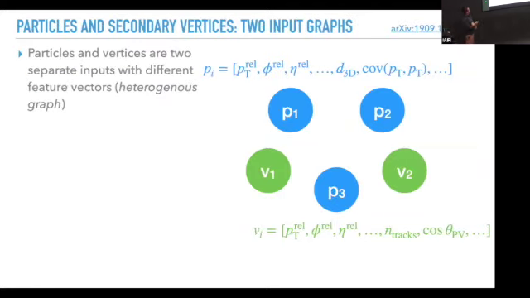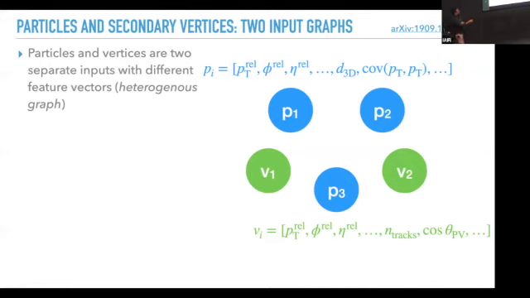Okay, so we can then actually think about creating not just one graph, but actually because we have 2 sort of input collections, we have these particles and these secondary vertices. And so there's these 2 separate inputs with different feature vectors, because we can measure things about the particles like their momentum. Then we might also measure things like their impact parameter.